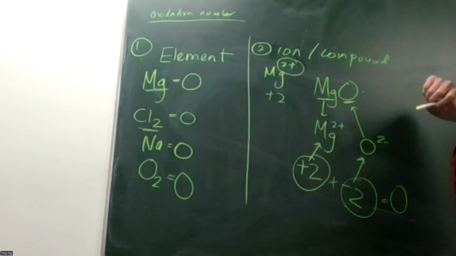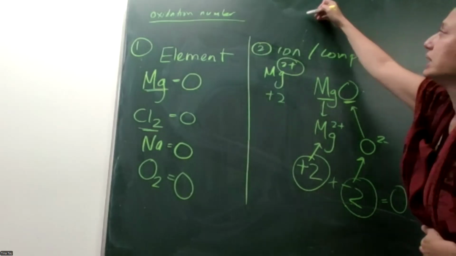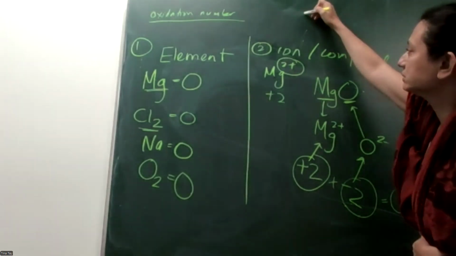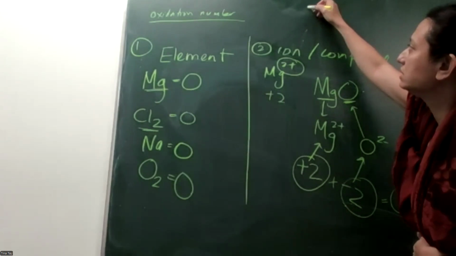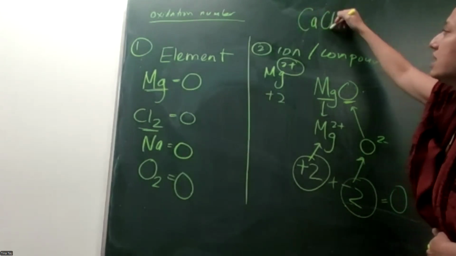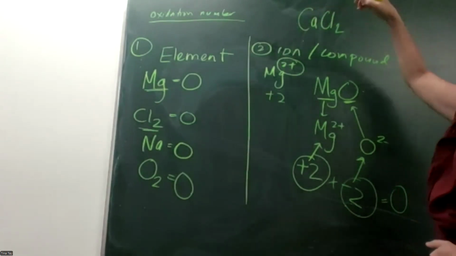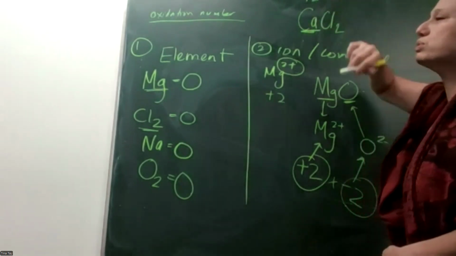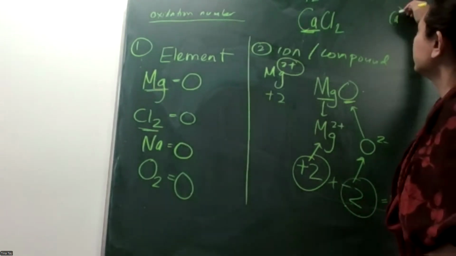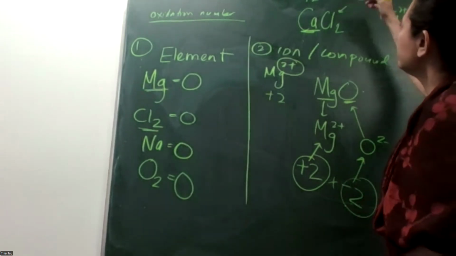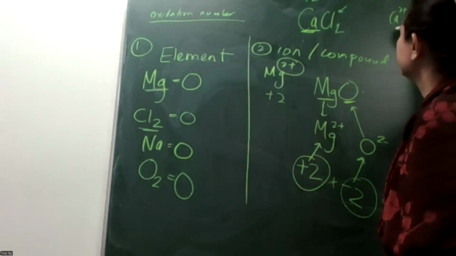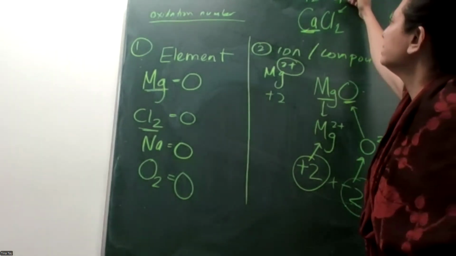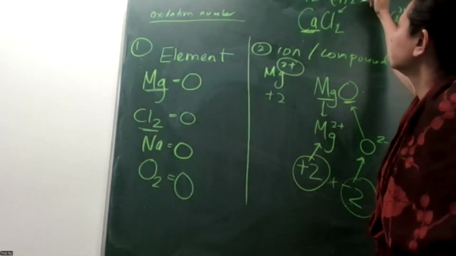So like this. If I have CaCl2, calcium is +2. Why? Because calcium ion is 2 positive. Cl, we know that in here the Cl is -1, but there is 2 of it.